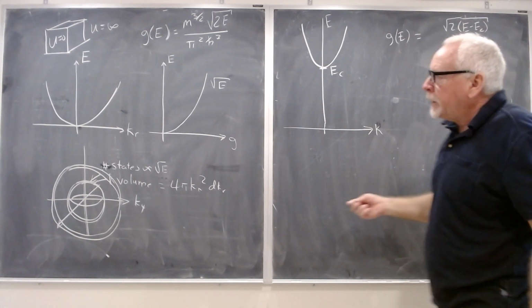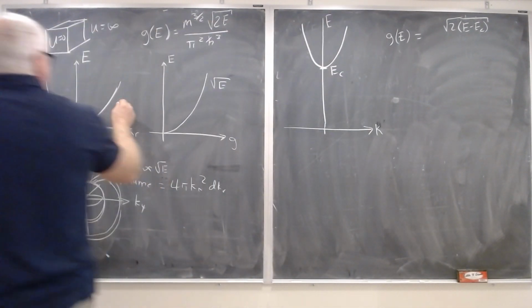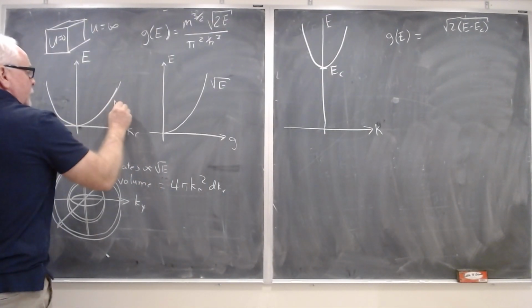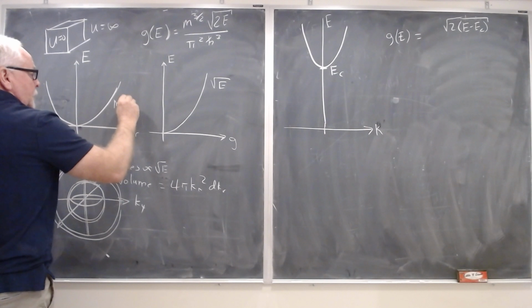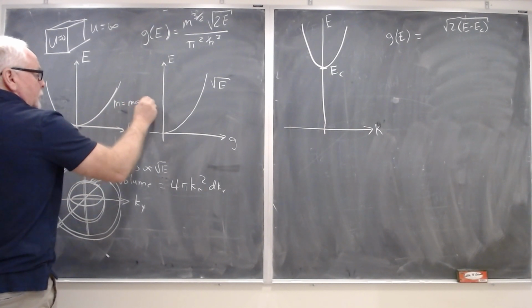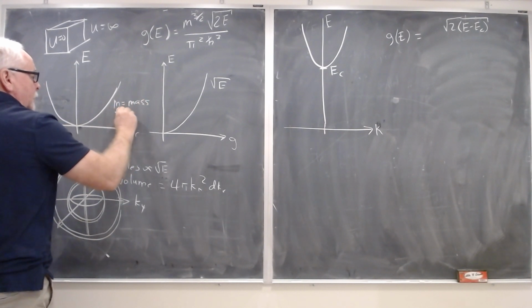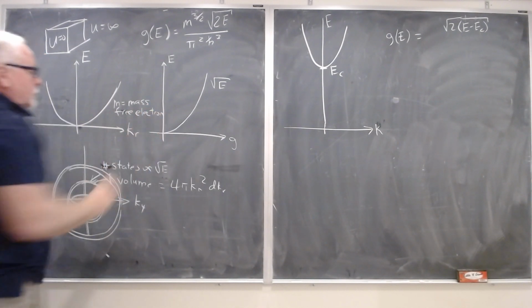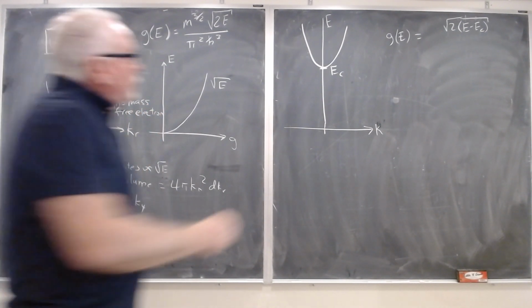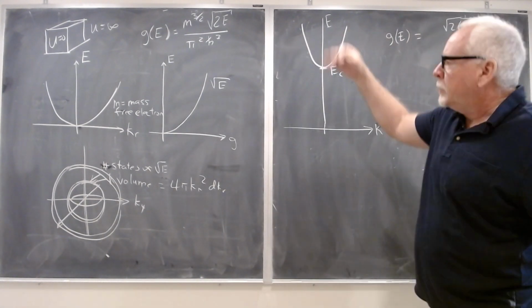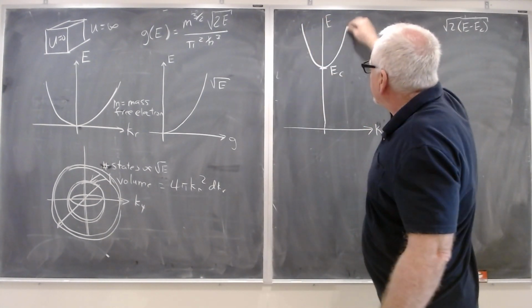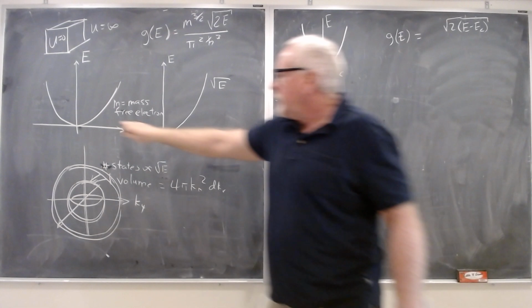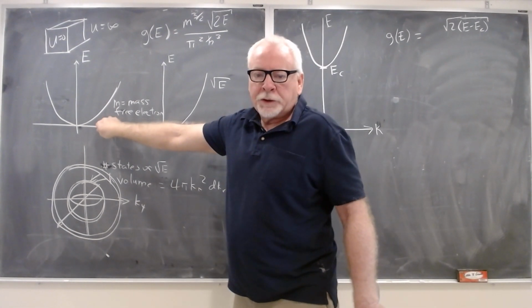Now besides that, for the empty box, m is the mass of a free electron. Whereas what I've taught you is that when you do band structure, you find that the curvature of this band is not the same as the curvature that would be given by a free electron.